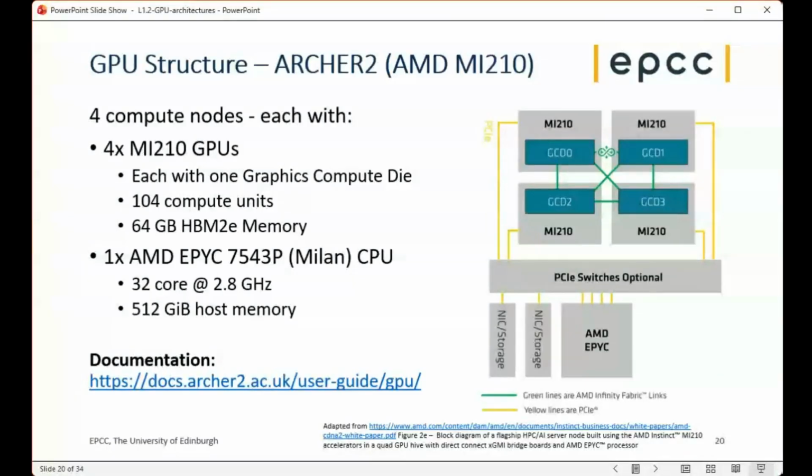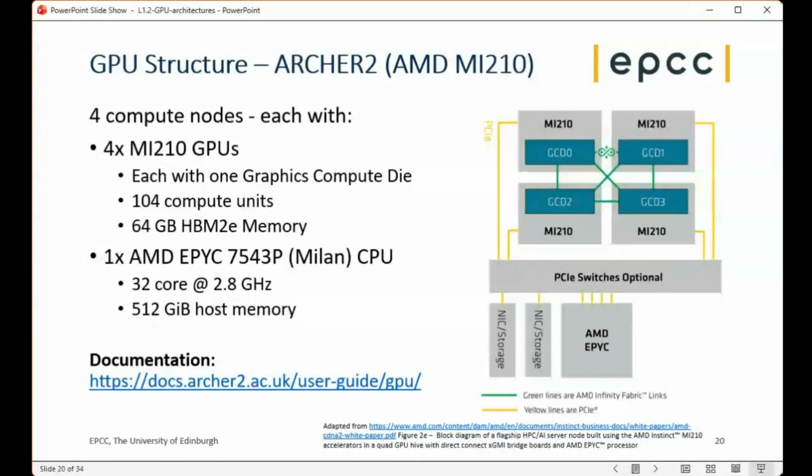Each has 4 GPUs, and they have 104 compute units. So if you think about it, each GPU has 104 compute units, each of which has 64 processors in it. So we have about 6,500 processors on each GPU, compared to 6,420 on the CPU side.